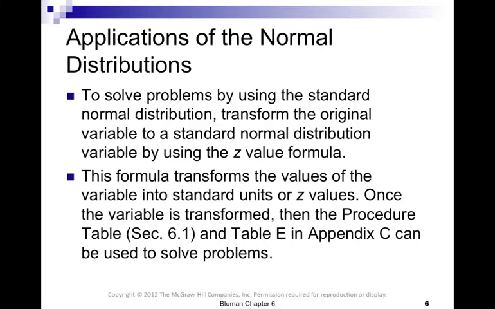We're going to have to change the value that we get into z-scores or z-values. And once the variable's transformed, then it's just like we did with 6.1, where we go to the table and work our magic and find out what the area under the curve is and make some inferences from that.